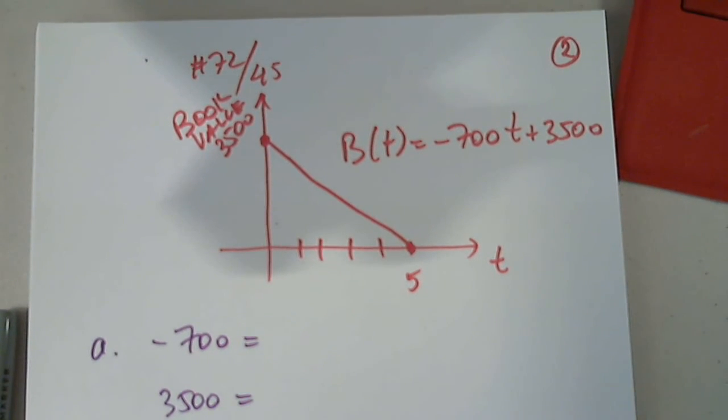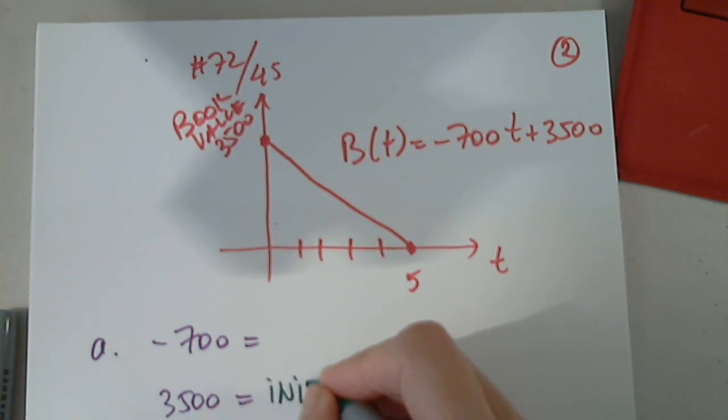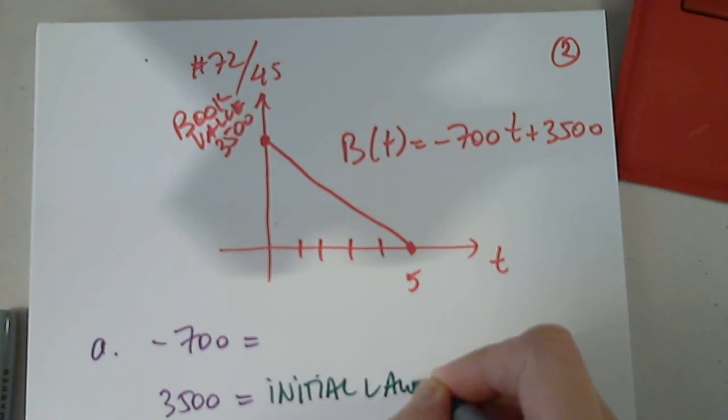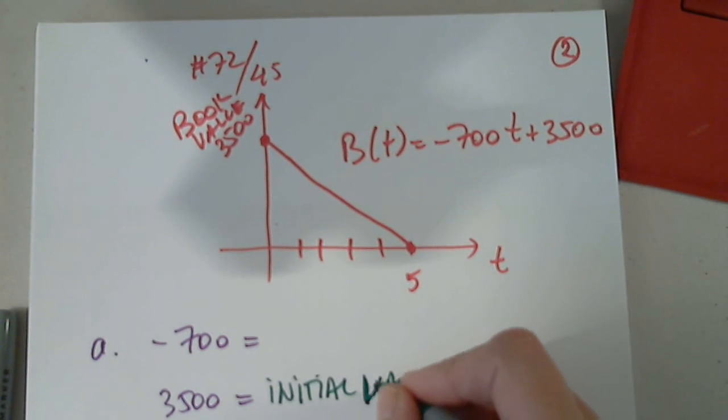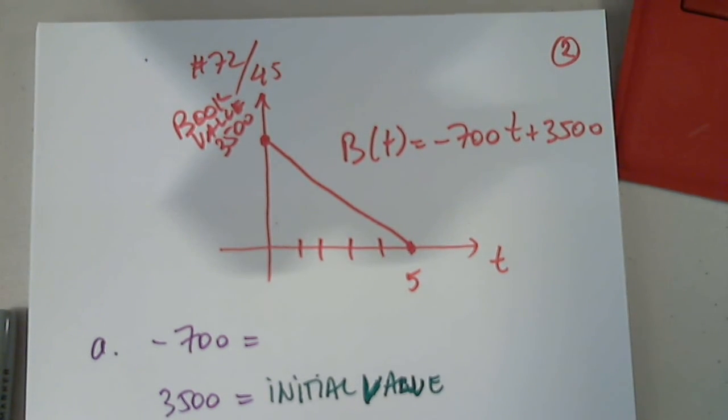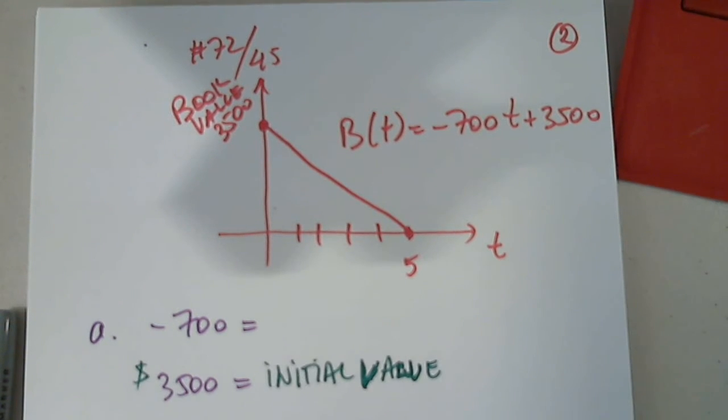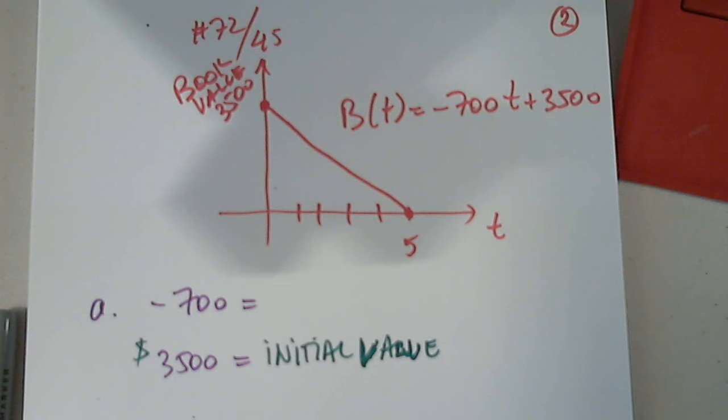$3,500 is the initial cost. Very good. Value. Great job, 3,500. And what about negative 700? And what is the measurement unit?